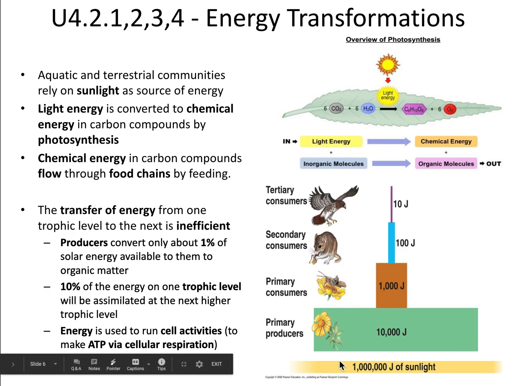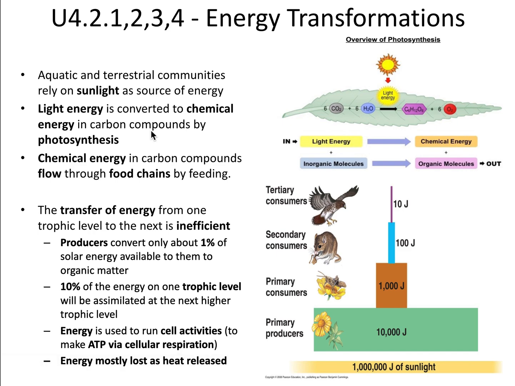So notice in this energy pyramid, you see sunlight at the base here. And in this picture here, it's showing you photosynthesis, which takes us into our next understanding. So light energy is converted to chemical energy in carbon compounds by photosynthesis. You need to be comfortable with those words, light energy and chemical energy. So light energy is going to be inorganic.